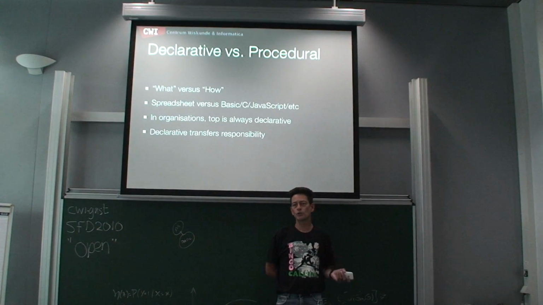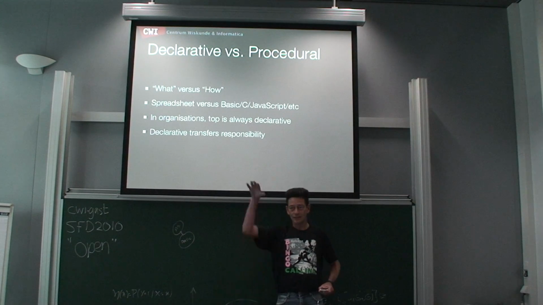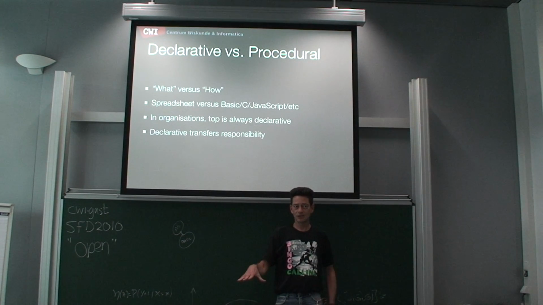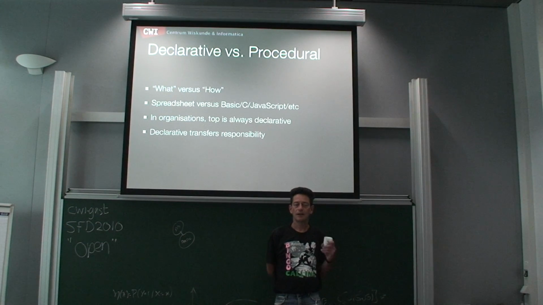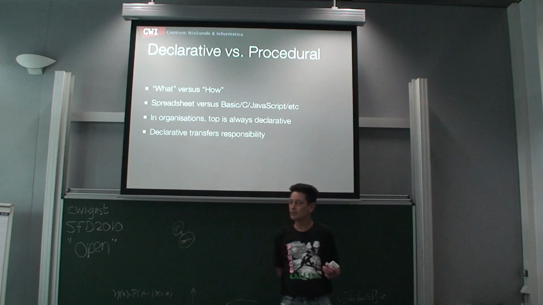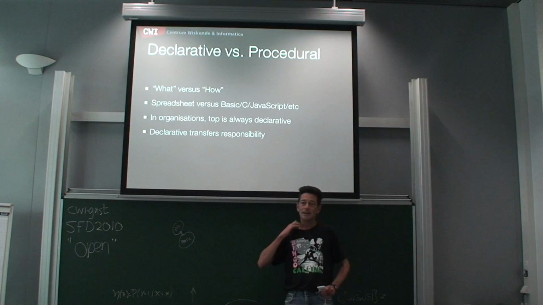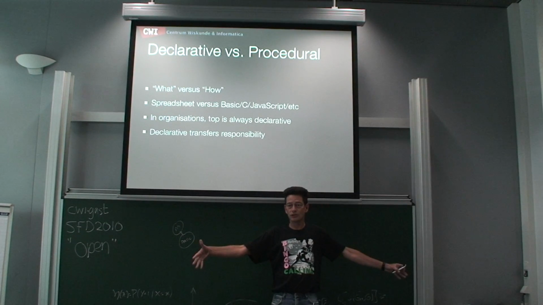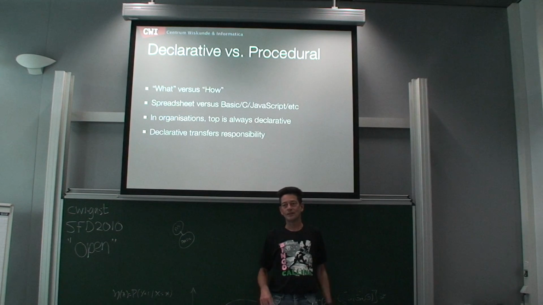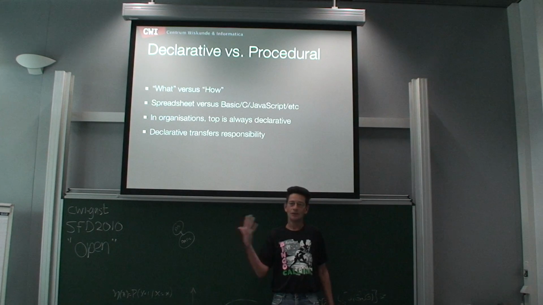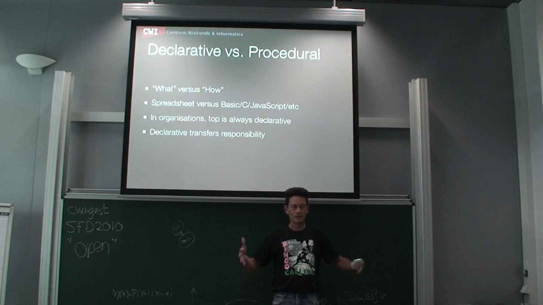Declarative transfers responsibility. Declarative assumes that whoever you pass this command on to will know best how to execute it. And that is interesting because, for example, with a spreadsheet, if you program it all out to add numbers, and then suddenly the numbers change from integers to floating point numbers, your procedural program might have become useless.